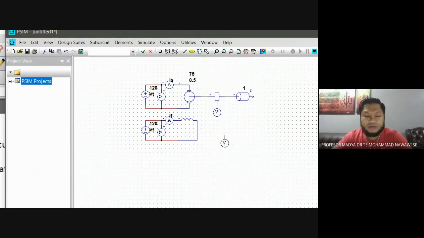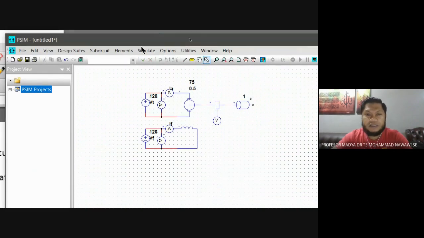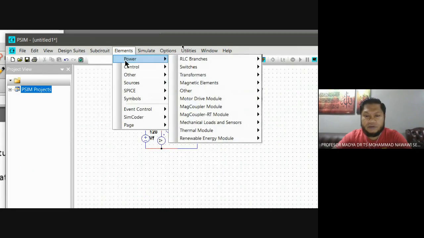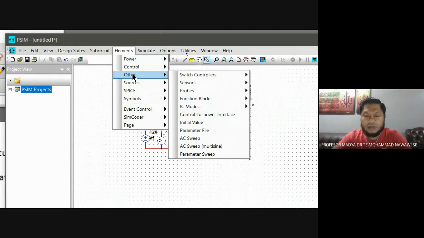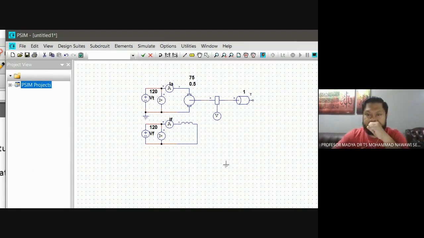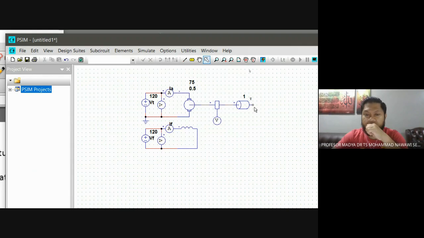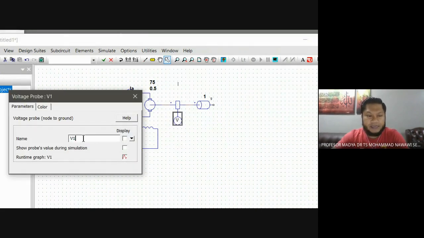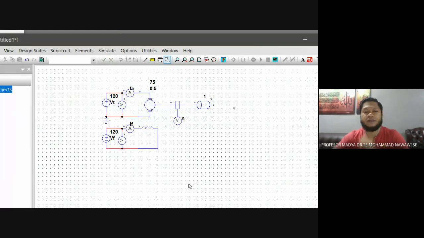So in this circuit, you probably want to have a ground somewhere. Okay, no worries. So now we have a complete circuit there. I'm going to change it to N as the speed N.